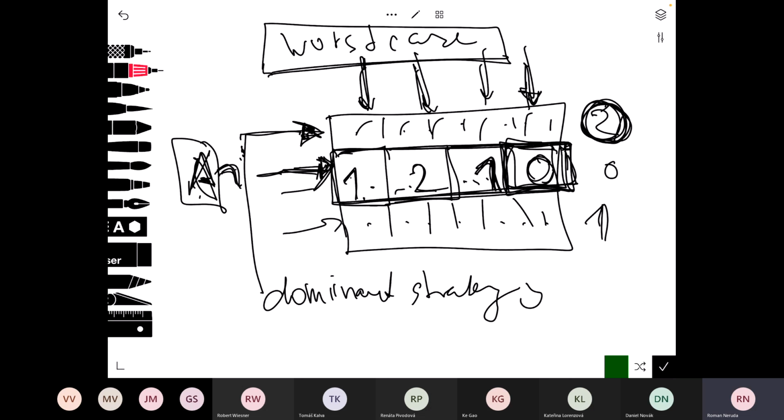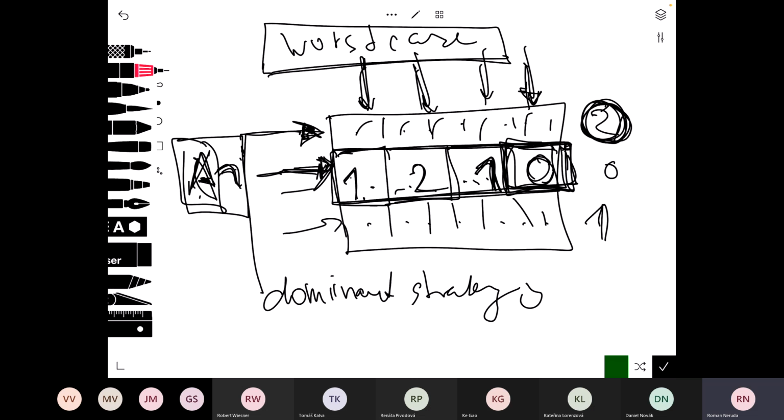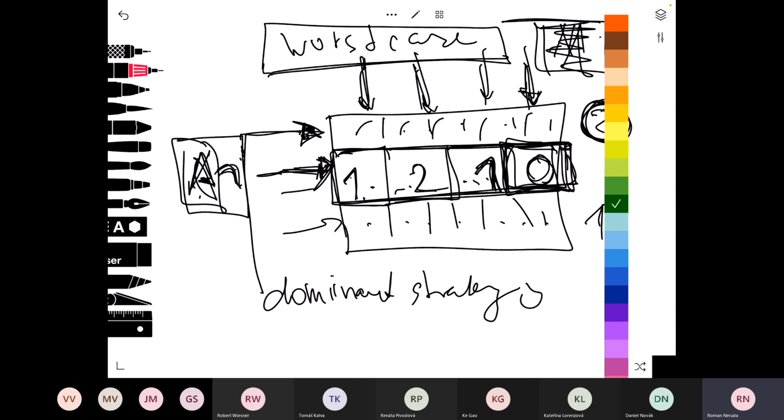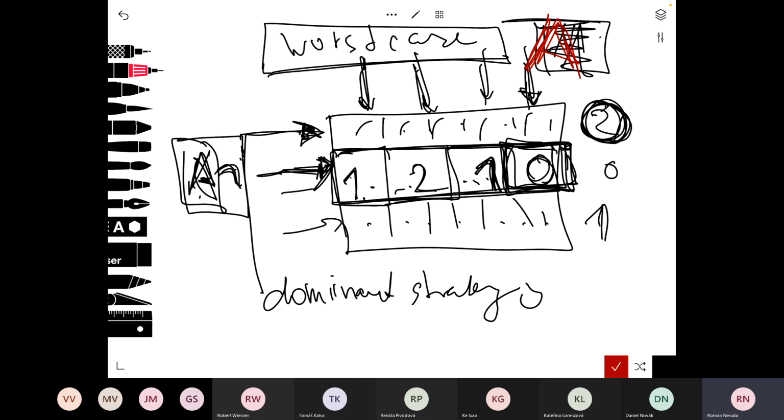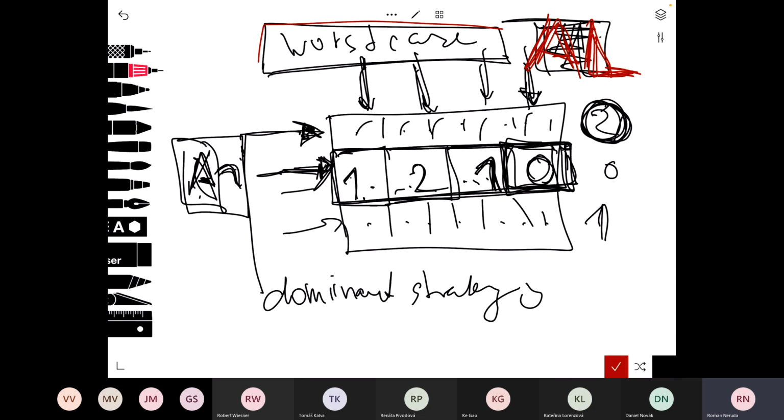More formally, the strategy is dominant if it provides better or same result than any other strategy of yours against all strategies of your opponent, right? That's the worst case. So you have to consider all possible strategies your opponent is playing and always consider the worst case scenario, right?